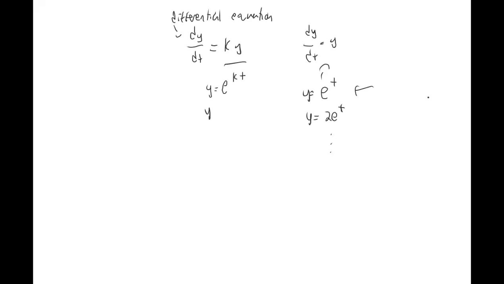Similarly, 2e to the kt. All of these are solutions to this differential equation. It doesn't have to be 2, by the way. It could be any number, like pi.